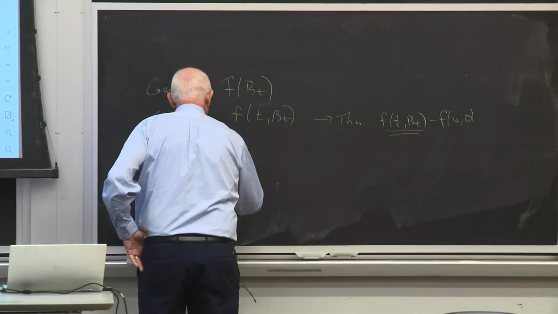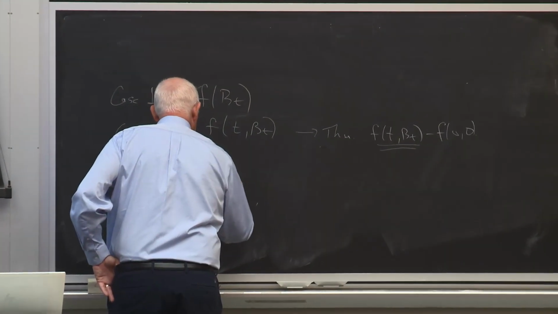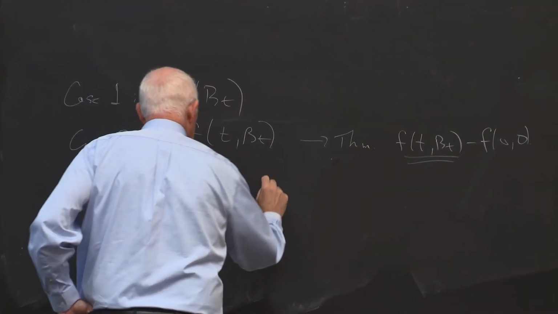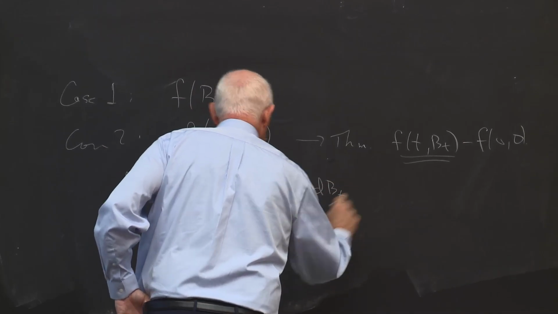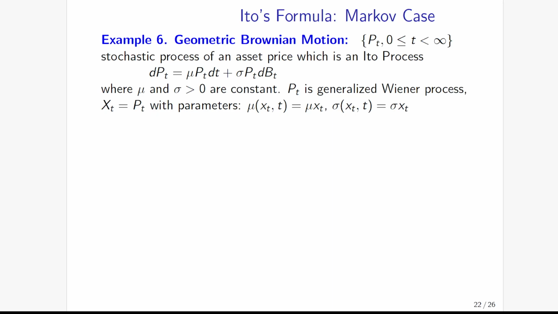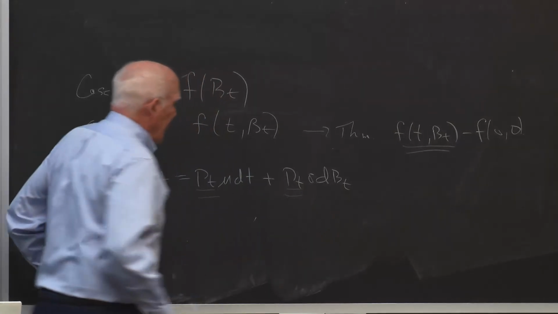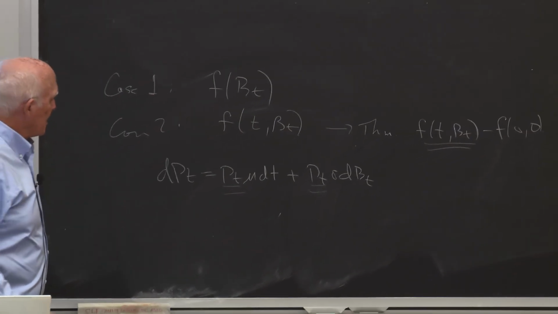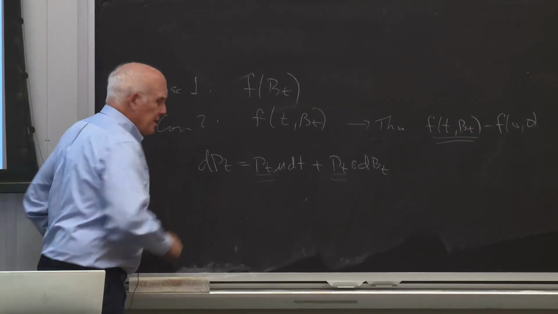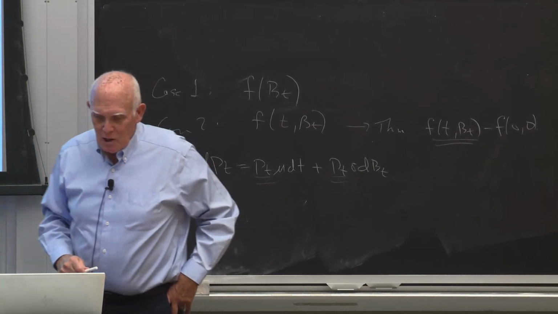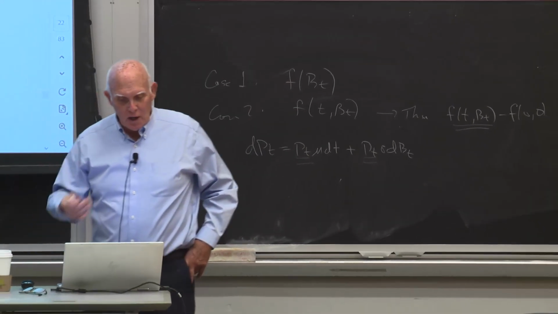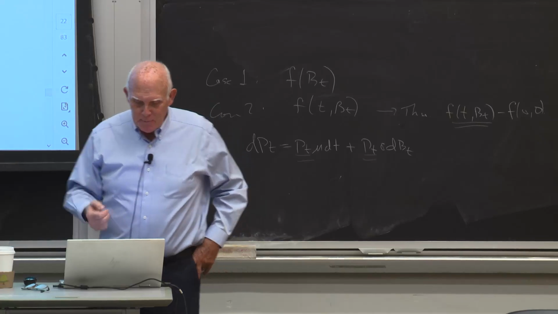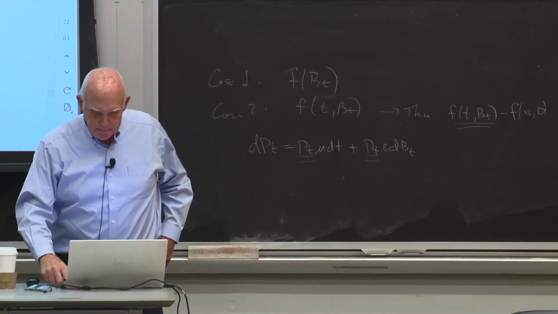So dPt is equal to Pt mu dt plus Pt sigma dBt. And importantly, we basically have these factors Pt on both sides, which could be divided on both sides. So we might think that we're working with the derivative or differential of the log of the price.